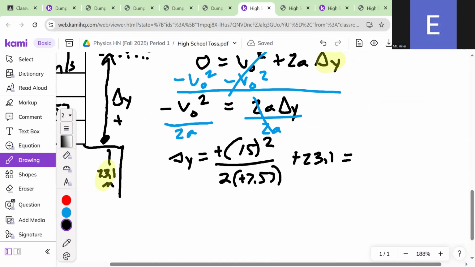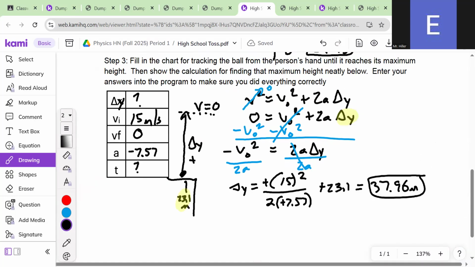So 15 squared divided by, open parentheses, 2 times 7.57, close parentheses, and I'm going to add that to 23.1, and I'm getting a max height of about 37.96 meters off the ground.